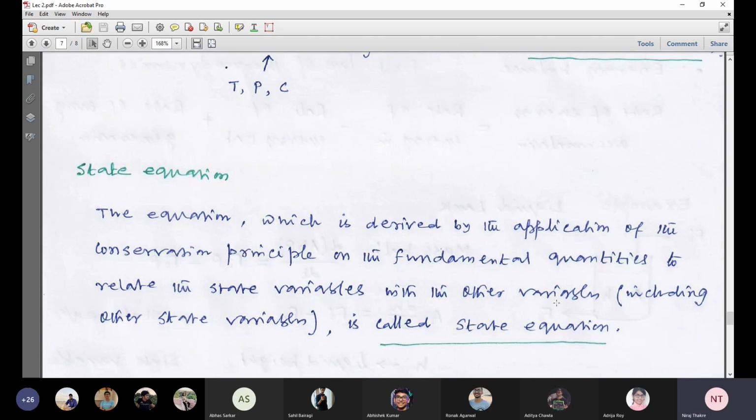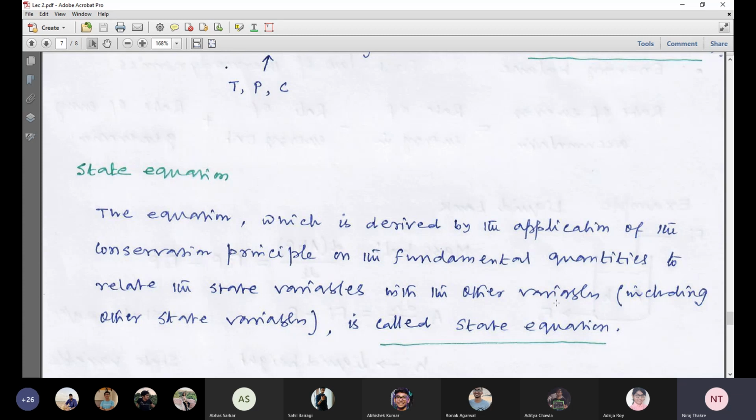See, this state equation is nothing but the conservation of mass, conservation of energy, and conservation of momentum based modeling equations. State equation is nothing but the equation which is derived by the application of either conservation of mass or conservation of energy or conservation of momentum.